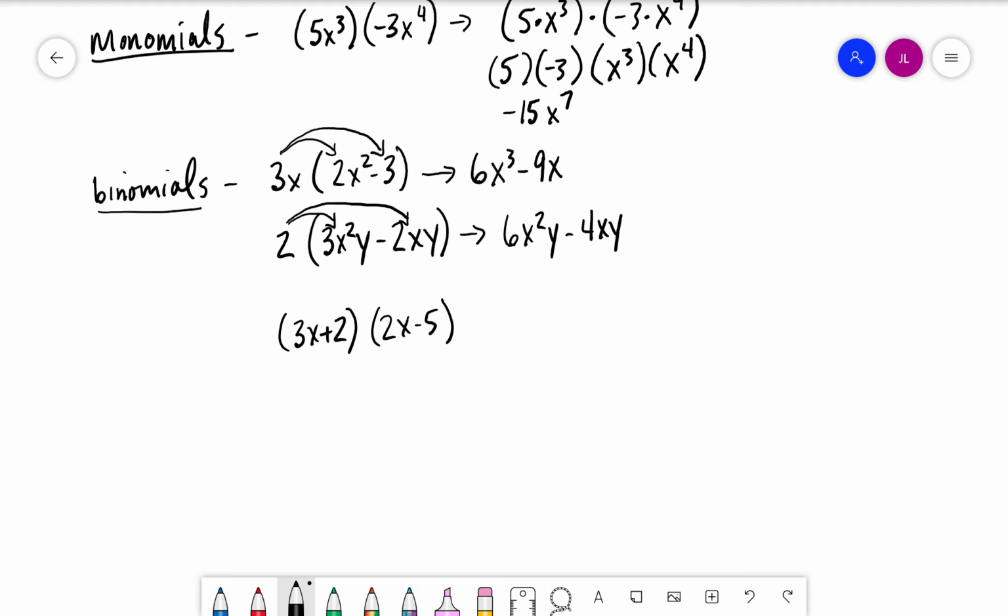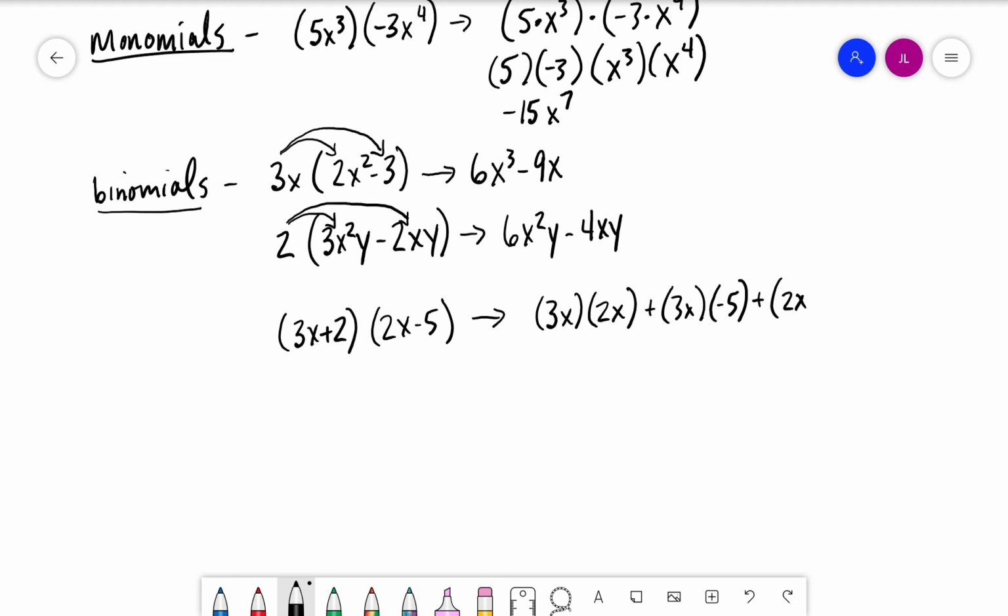Now again, we're going to multiply every term in the first grouping symbols, the first parentheses, first polynomial, by every term in the second polynomial. So really what we're saying is we're going to multiply 3x by 2x, and then we're going to add to that 3x times negative 5, and we're going to add to that 2x.